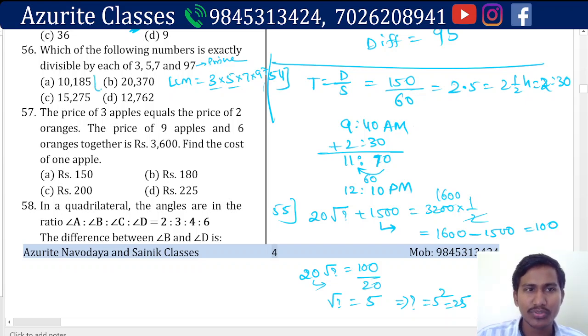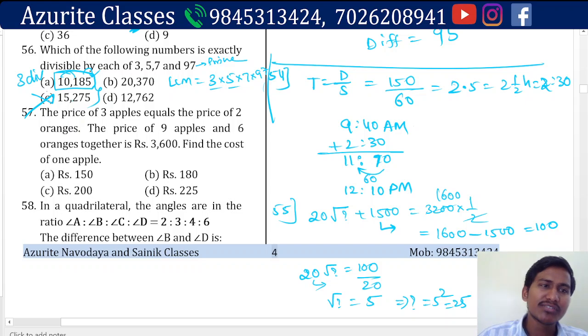So there are two options for this, so check with the options. Divide with 3. First, option A. If you check divisibility of 3, that is 1 plus 1 is 2, 2 plus 8 is 10, 10 plus 5 is 15. It is divisible, and it is divisible by 5 also. Okay, so check the C option. 1 plus 5 is 6, 6 plus 2 is 8, 8 plus 7 is 15, 15 plus 5 is 20.